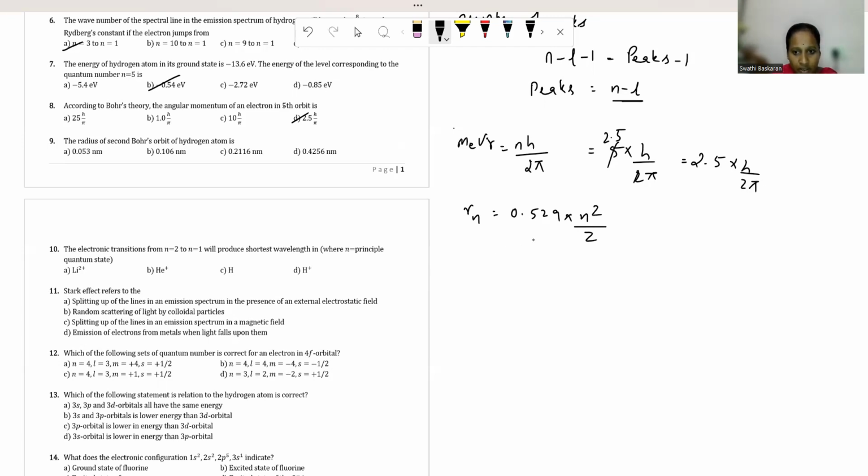Now what they have given, this is in terms of angstrom units. Now first of all let us calculate. When you are calculating, it becomes 0.529 into n square is 2 square. So 2 square by Z is equal to 1.